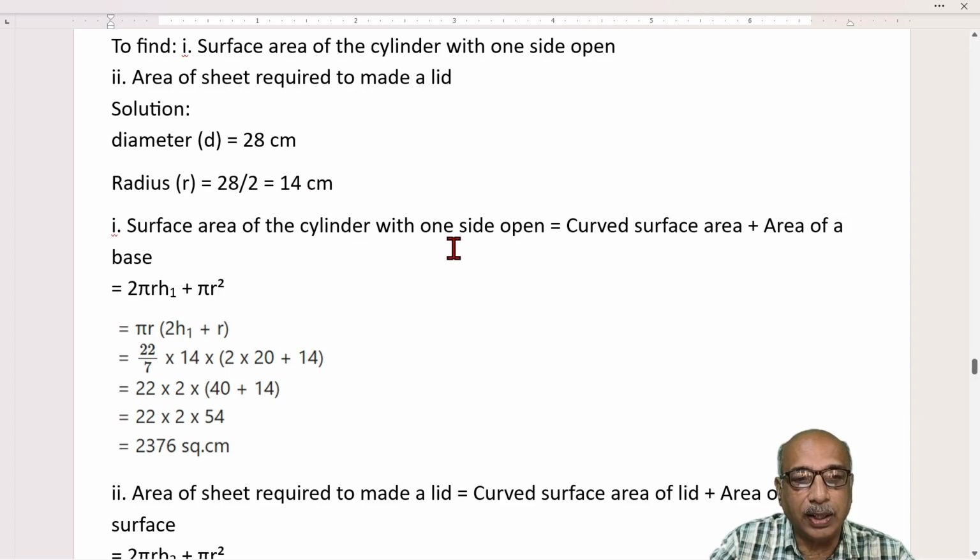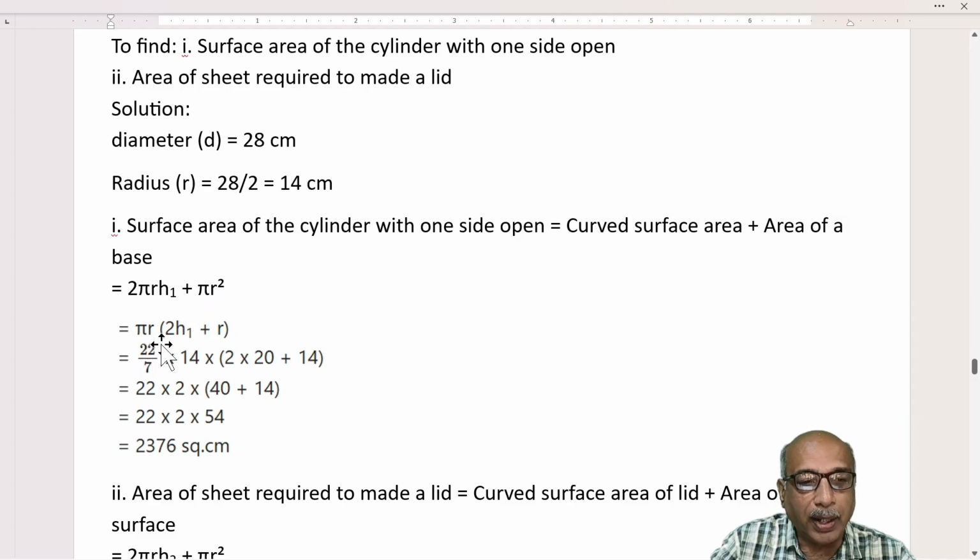Surface area of the cylinder with one side open equals curved surface area plus area of base. Area of the lid will not come here because the height of the cylinder is different. So 2 pi r h1 plus pi r square, that is the area of base.